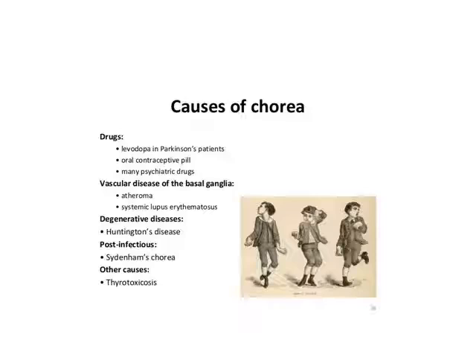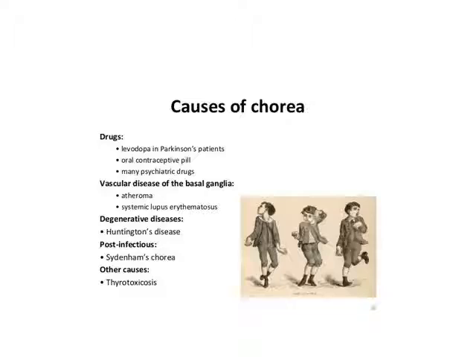Okay. What are the causes of chorea? There are many causes, but the most important that we have is Sydenham's chorea and Huntington's chorea. What are the other types that we have? We have drug-induced from levodopa in Parkinson's disease, oral contraceptive pills, and some psychiatric drugs.